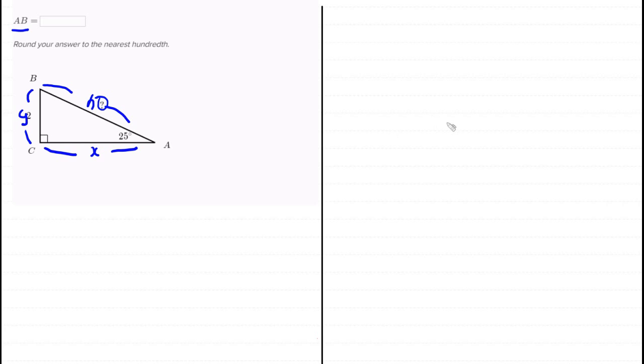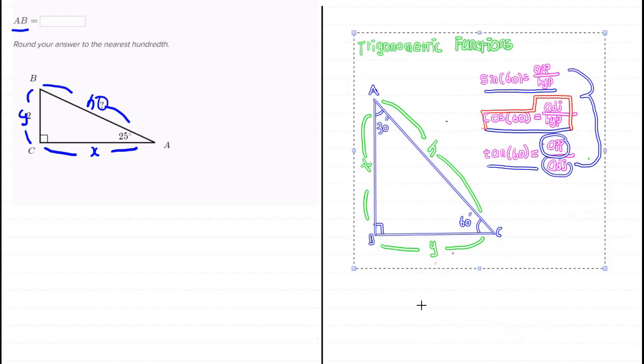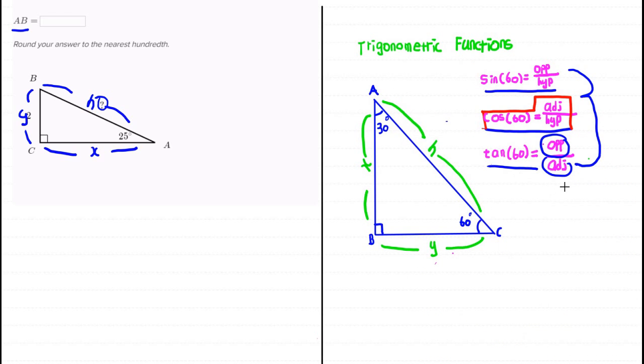So I'm going to review the trigonometric functions a little bit in order to choose one of them to solve this question. Let's see the tangent first. For the tangent, it is opposite over adjacent.